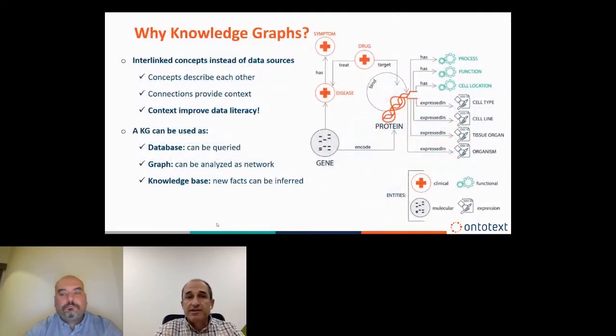So why is there such a huge hype around knowledge graphs, especially in healthcare and pharma? Let me give you my perspective. The first and most important thing is that knowledge graphs provide a totally new perspective on how you can manage and consume your data.